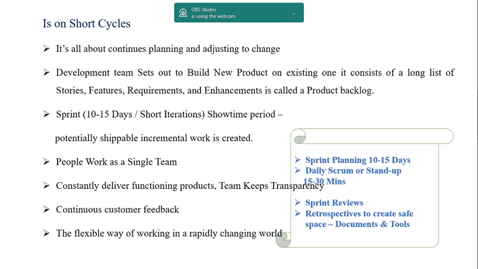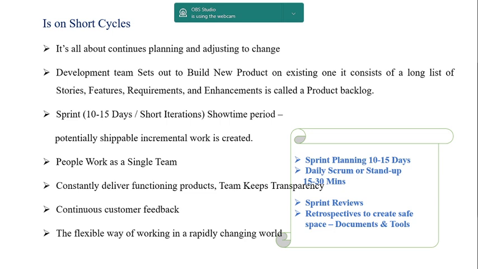In short cycles, what I explained while looking into the cycles, that's what we have elaborated here. It's all about continuous planning and adjusting to change. That's why the word I used is that Scrum is going to embrace change, which means it is always ready to accept. The development team sets out to build a new product on an existing one.